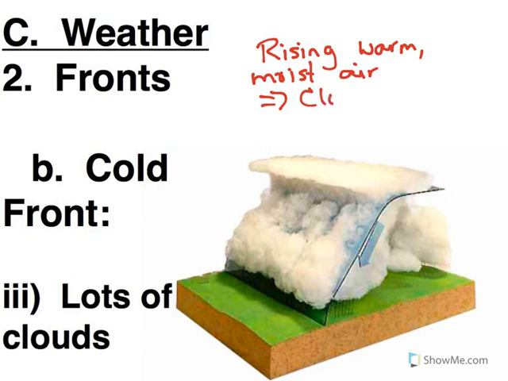So because you have this rising, warm, moist air, you're going to get clouds. So you're going to get all this condensation taking place as the warm air hits the colder air at higher altitudes.